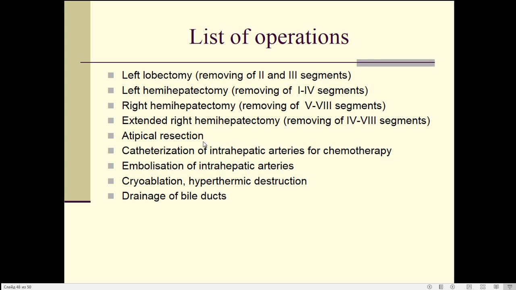Atypical resection, if the tumor is a secondary tumor in one segment; we can just remove the segment. Catheterization of intrahepatic arteries for chemotherapy. Embolization of intrahepatic arteries. Cryoablation. Hyperthermic destruction.